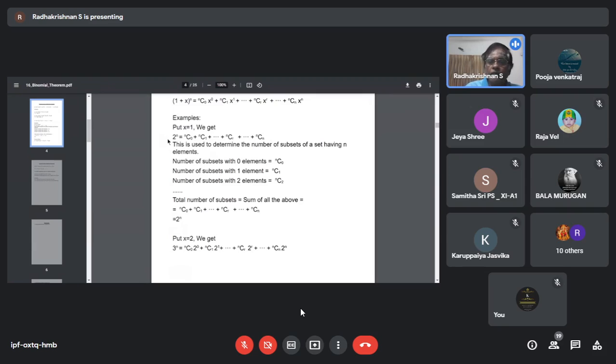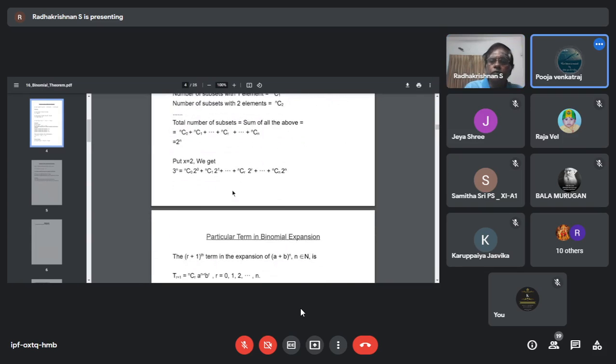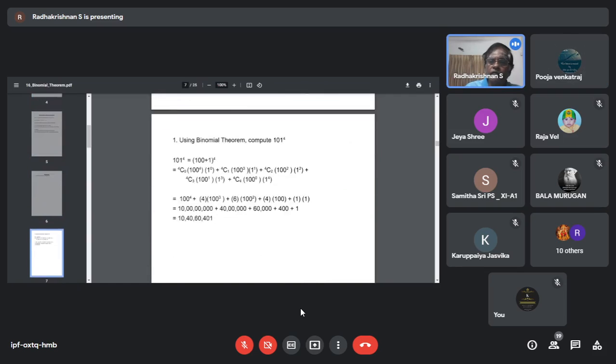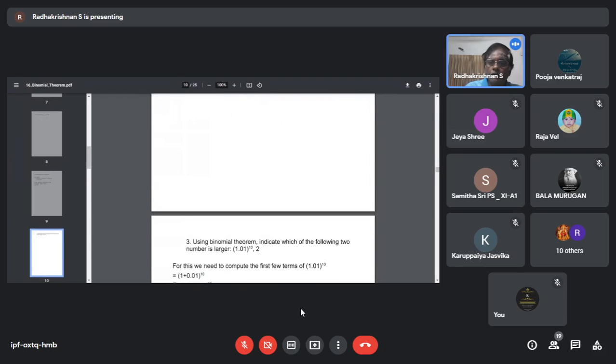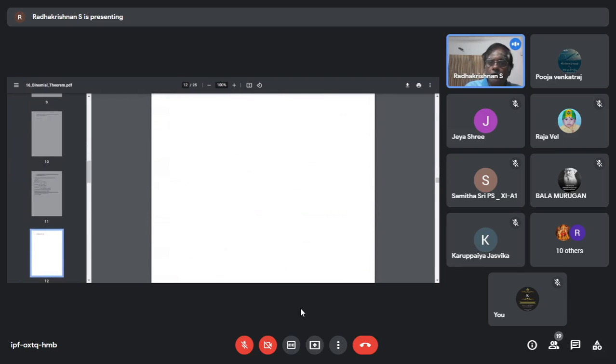The total number of subsets of a set having n elements is 2 to the power of n. We have seen this before, but this is how it comes. So basically the sum of all the coefficients is 2 to the power of n. They have given you the value of 2 to the power of n, so you can find n and find the largest coefficient. That's what you do.